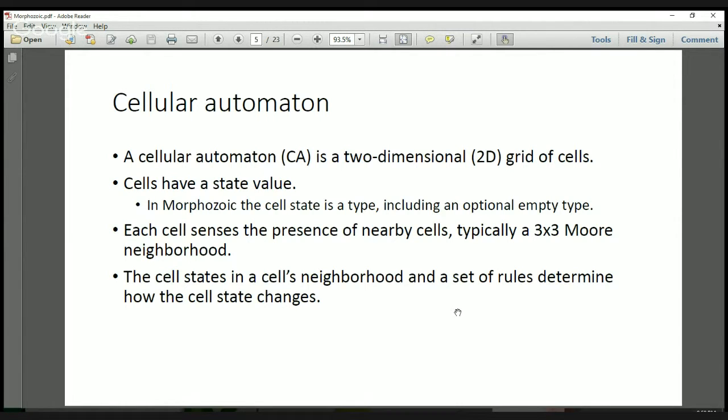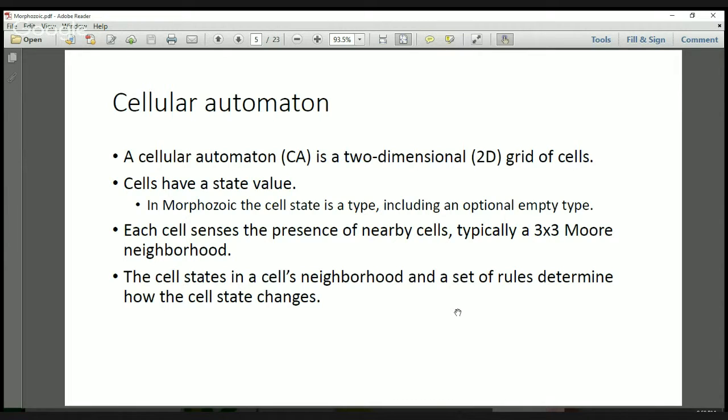So a cellular automaton, just to recap here, in the typical case is a two-dimensional grid of cells. Cells have a state value, which we've given already, and we're going to call that a type in Morphozoic.